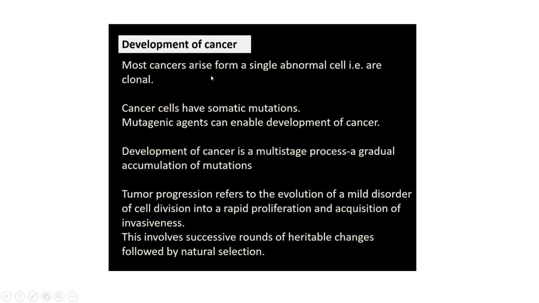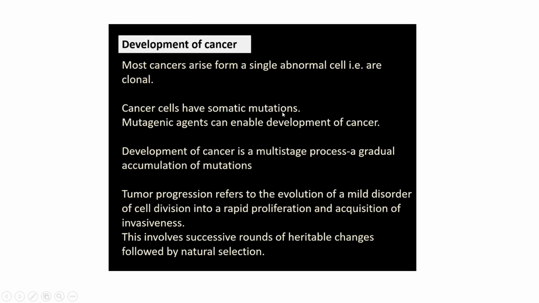Generally it arises from a single cell or a certain subset of cells, and that single cell proliferates continuously to produce a subset of cells. That subset again continuously compounds itself and then forms a tumor, which contains a very large number of cancer cells.